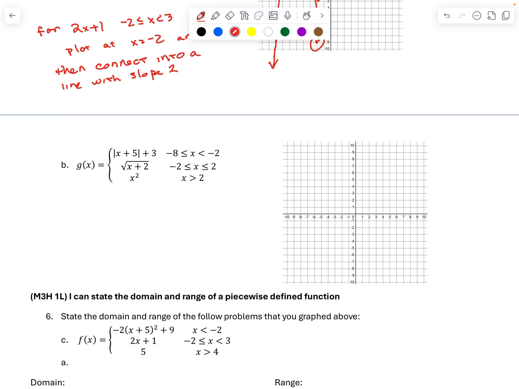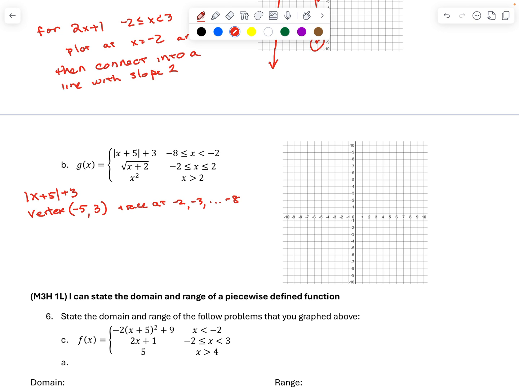Absolute values have the same kind of vertex form as parabolas. So if I look at this, x plus 5 plus 3 in absolute value, the vertex is at -5, 3. And we're going to trace at -2, -3, up to -8.